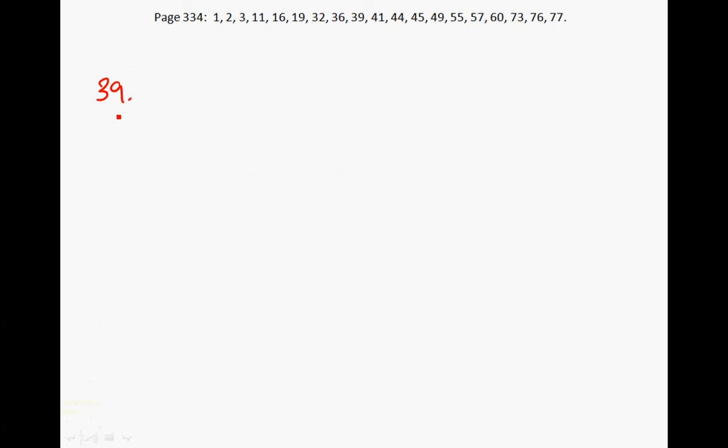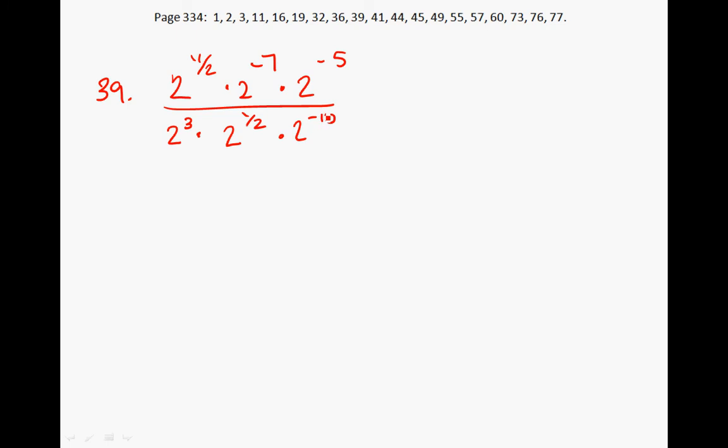So we have 2 to the 11 halves times 2 to the negative 7 times 2 to the negative 5 all over 2 cubed times 2 to the 1 half times 2 to the negative 10.